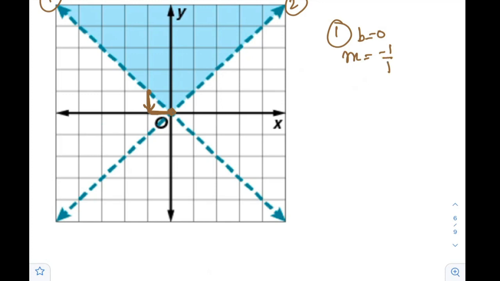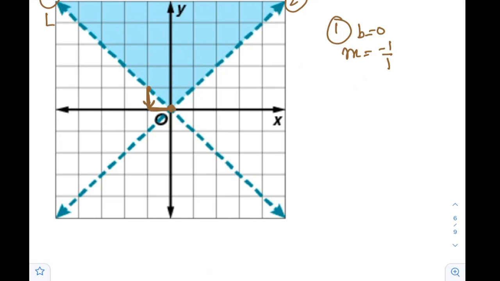If you cannot decide whether it's going down or up, then you can say 1/1, but it is decreasing from left to right. Always take the left side and see whether it goes up or down. If it goes down, then it's negative. -1/1, so it's -1. So if you say y equals mx plus b, then it is -1x plus 0, or it is just -x. This is the first line.